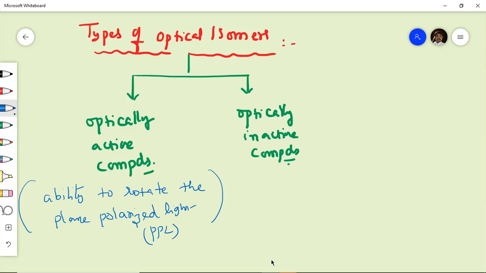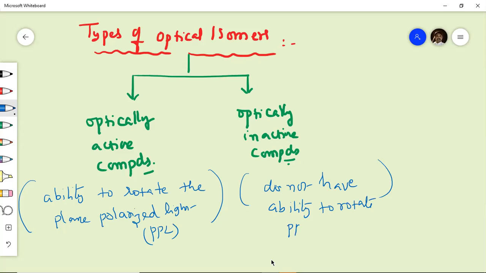While inactive compounds do not have the ability to rotate PPL.